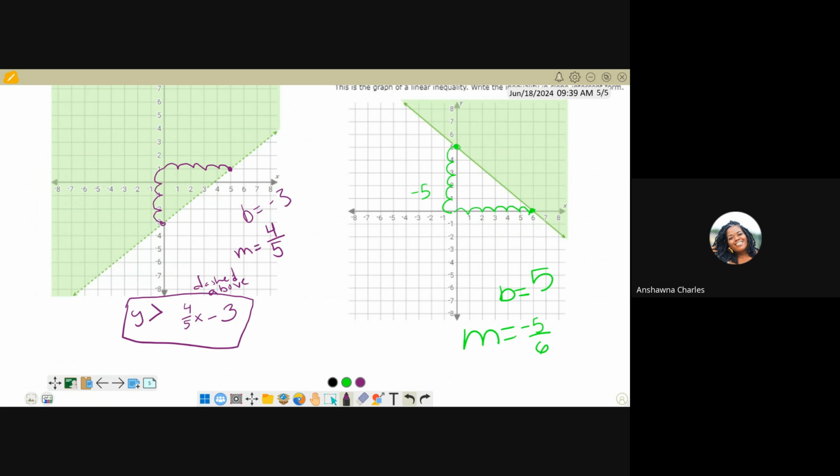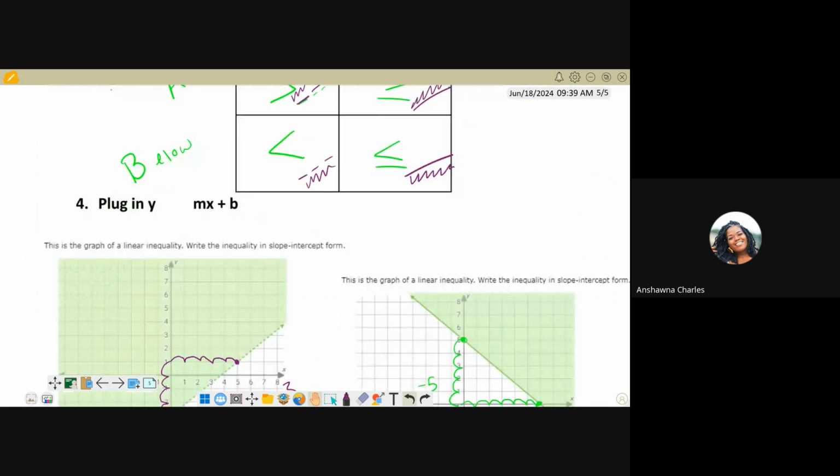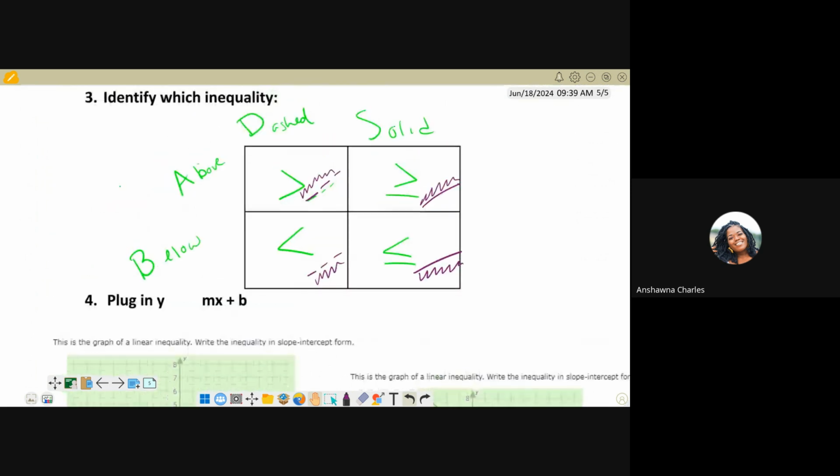So is this solid or dashed? Solid. And are we above or below? Above. I'm going to bring it back. We just need to see which one's solid and above. Is this one solid and above?